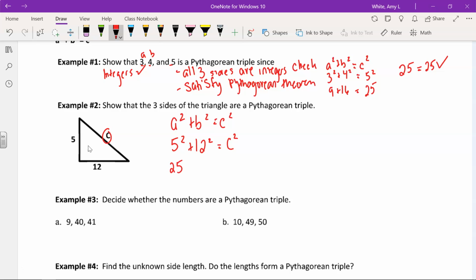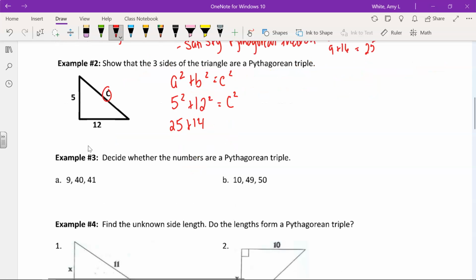This would be 25 plus 144, and that would be equal to C squared. So 25 plus 144 is 169. And I can use my calculator. C is going to be the square root of 169, which is in fact 13.